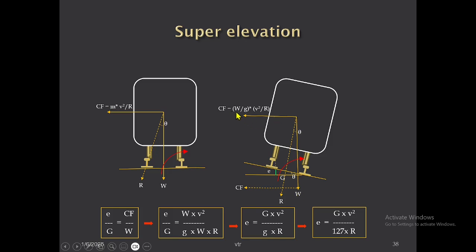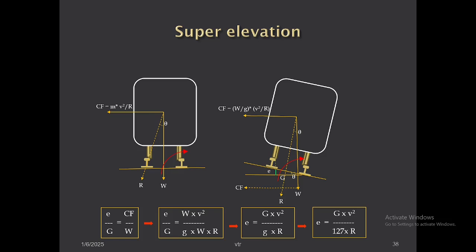As already discussed, the resultant force will be between the centrifugal force and the weight of the body. So for making the resultant force fall exactly in the middle of the base, what should we do?